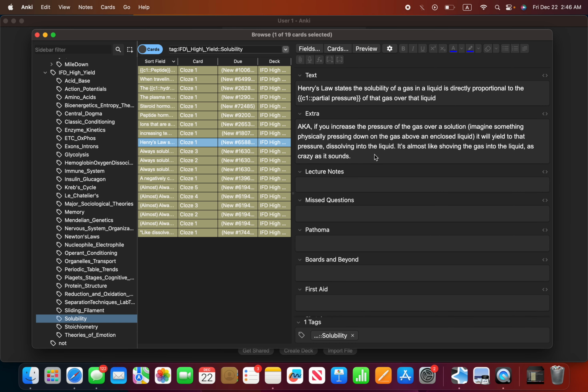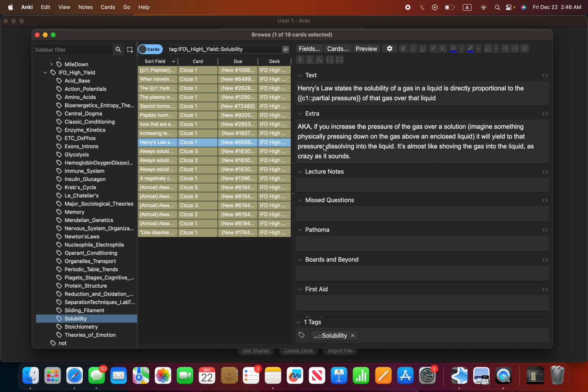So if you increase the pressure of the gas over a solution, imagine you press down on the gas with a hydraulic press, and the liquid is enclosed in a closed system. It will yield to that pressure.